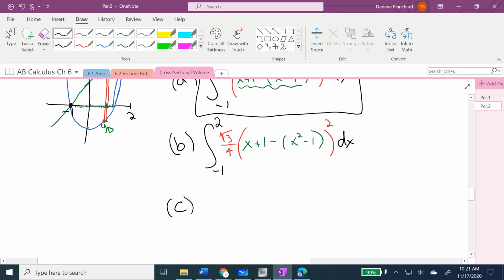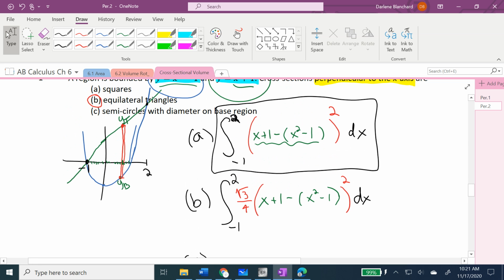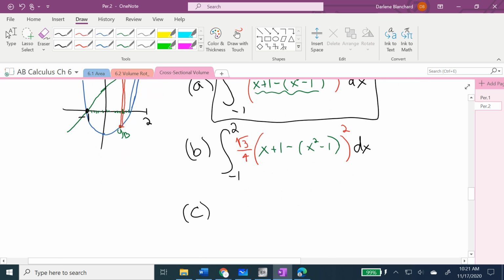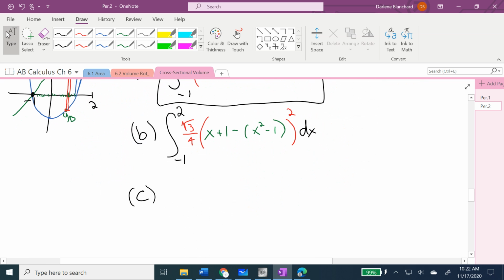Okay. Then lastly, semicircles with diameter on the base region. So you've got choices.